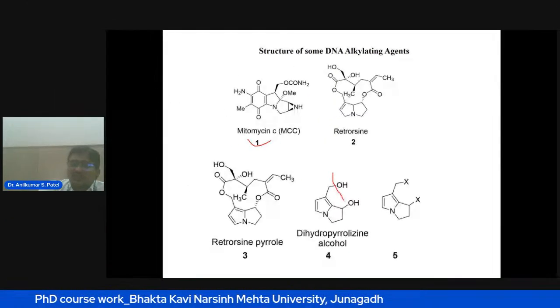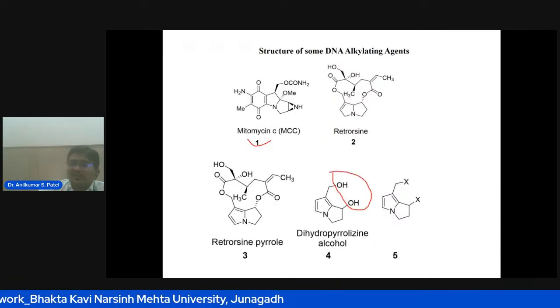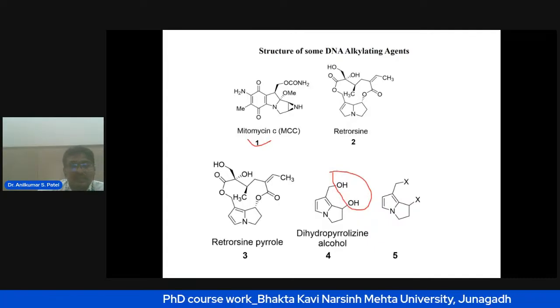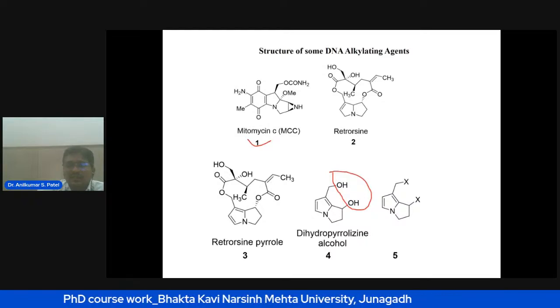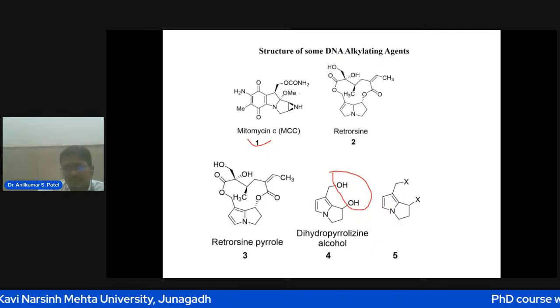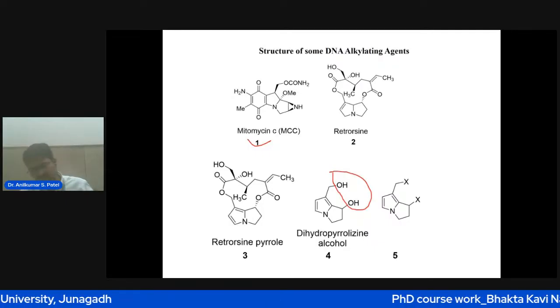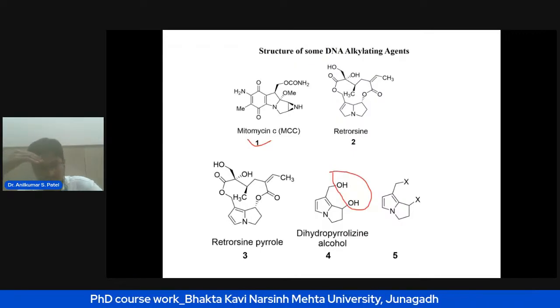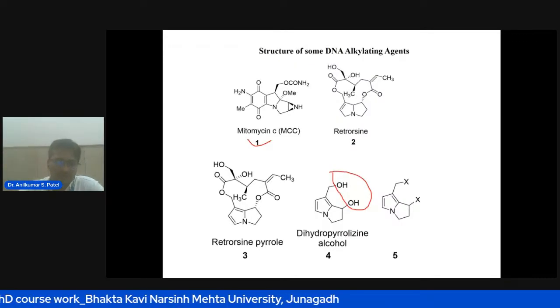Compounds 4 and 5 have OH groups which can interconnect with the DNA and produce anti-cancer activity. I have some mechanisms of mitomycin C. We can see how mitomycin C works as a DNA alkylating agent, and then we can design some molecules with similar functionality. So we are going to see the mechanism of mitomycin C.